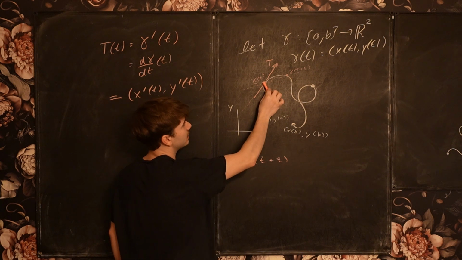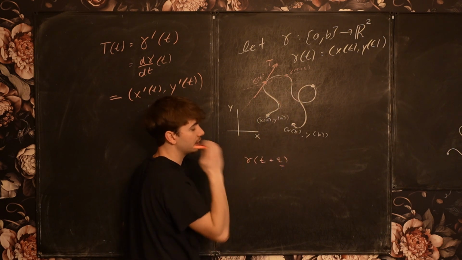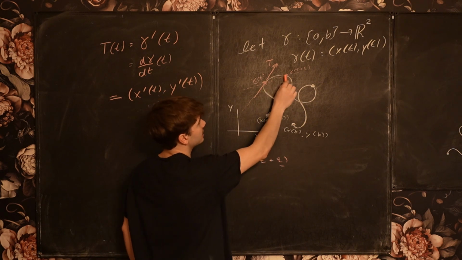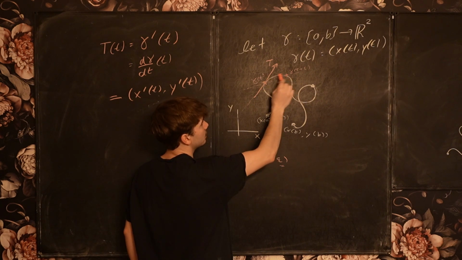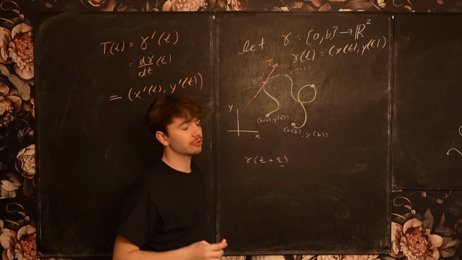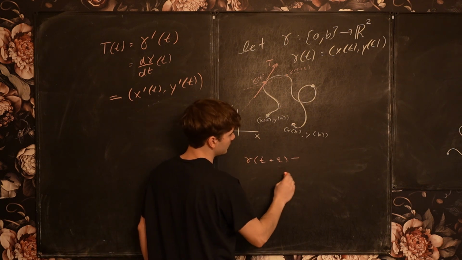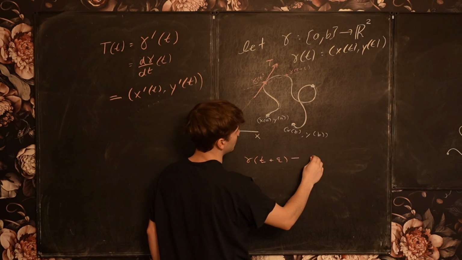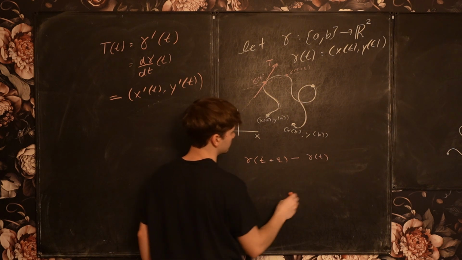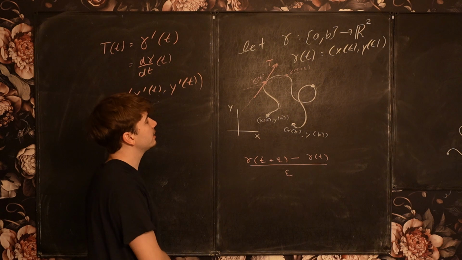So I have gamma of t, then I move out a small bit of time, a small number epsilon forward in time, and so now I'm here on the curve at gamma of t plus epsilon. And if I look at the slope of this secant line through my plane curve, this is just going to be gamma of t plus epsilon minus gamma of t, over epsilon, okay?